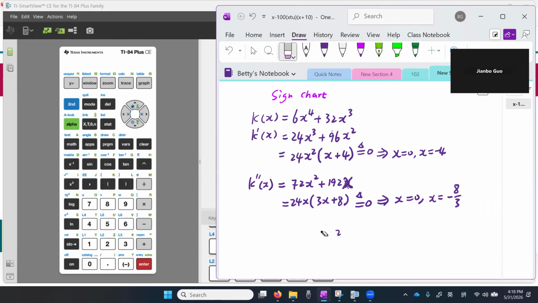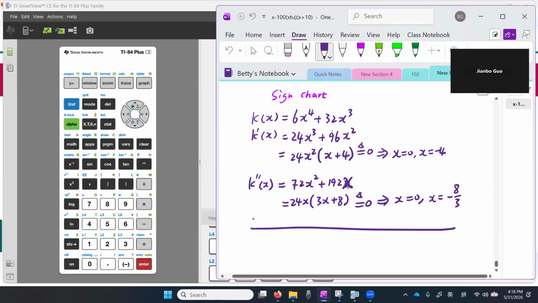Okay, so on the real number line, we're going to label the points. We have negative 4 here, and then negative 8 over 3 is about negative 2 point-ish. So it's going to be here, negative 8 over 3, and we have 0. So those are 3 important points.